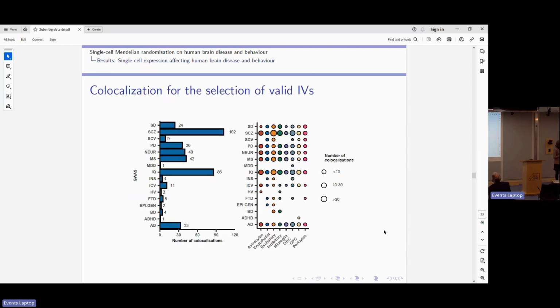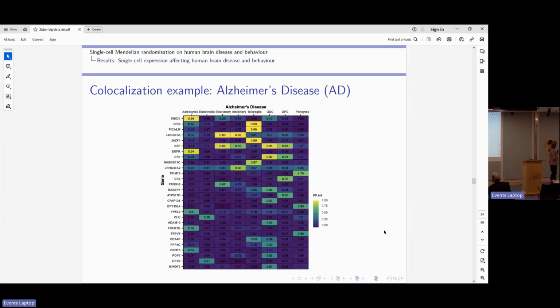So coming to the results, here is an overview of the co-localization hits that we have for the different types of phenotypes and outcomes. We find the most co-localization hits for schizophrenia, followed by IQ, and we have 33 hits for Alzheimer's disease. Zooming in on Alzheimer's, you see all of the 33 different potential co-localization hits.